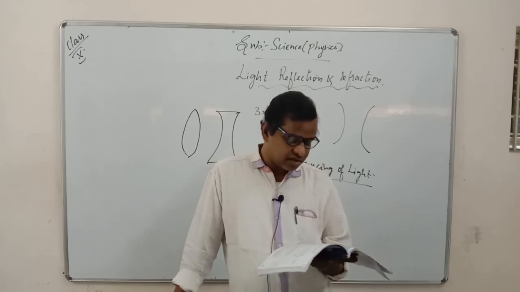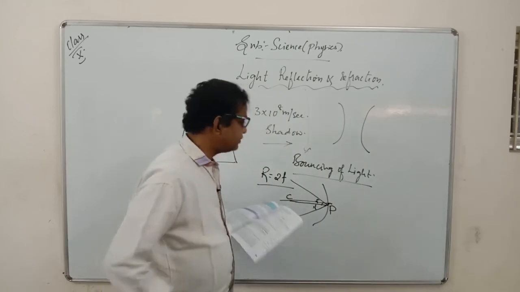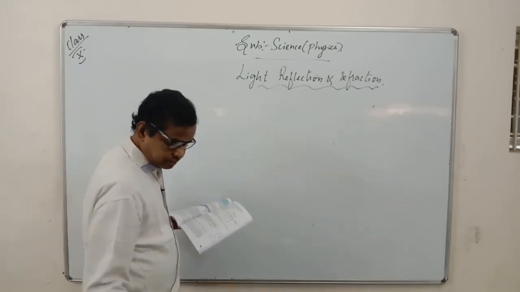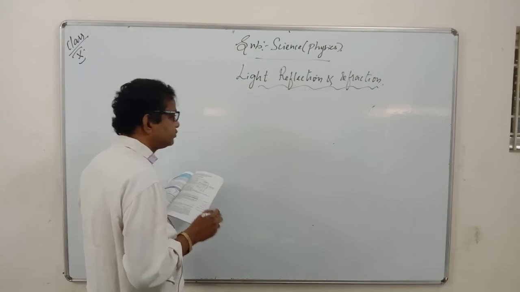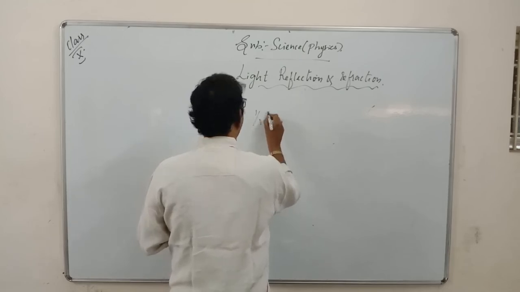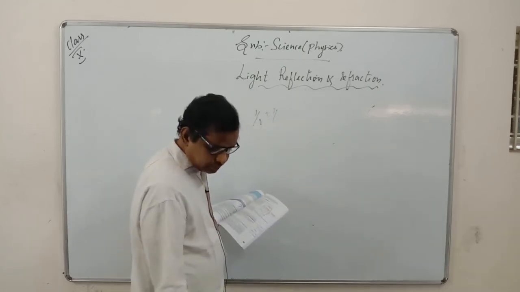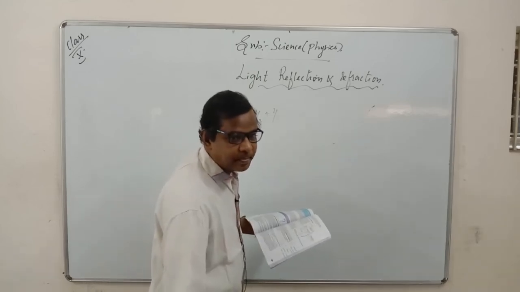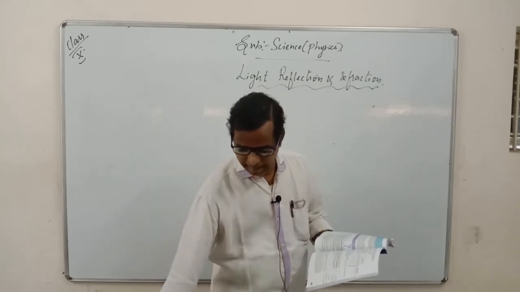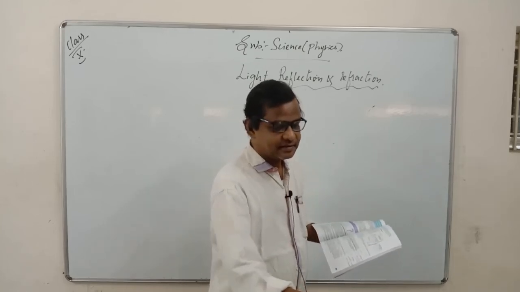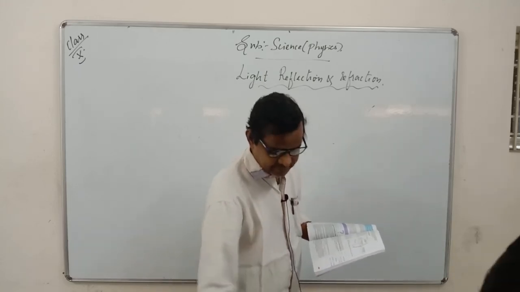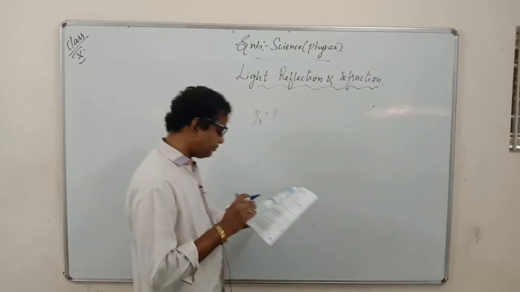Sign convention for reflection by a spherical mirror. He has given this there. Take 1 by v plus 1 by u equals 1 by f.